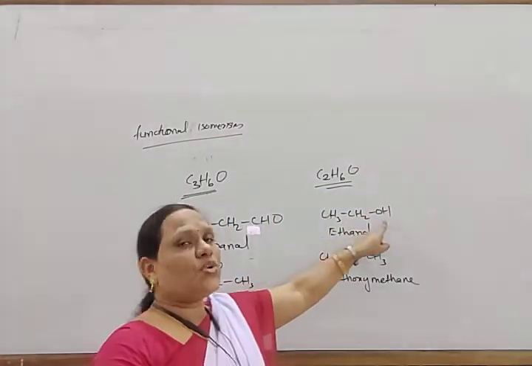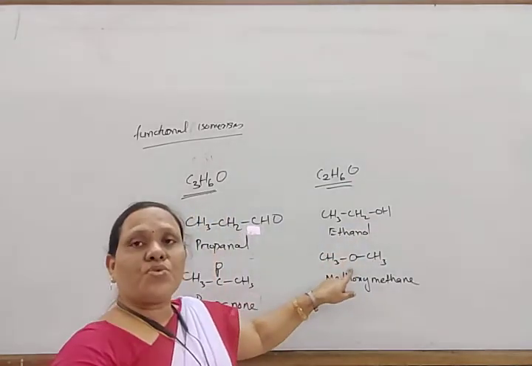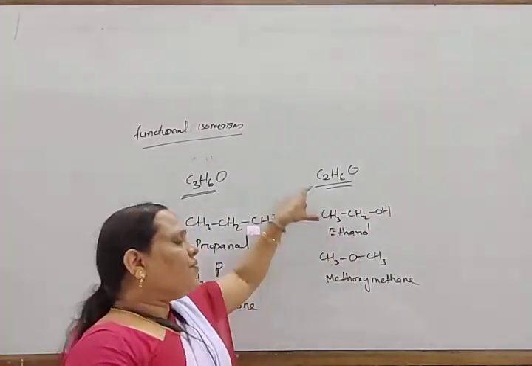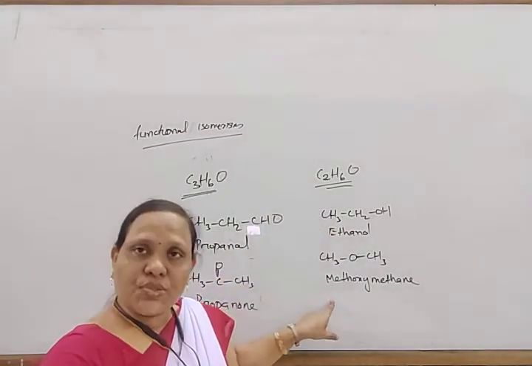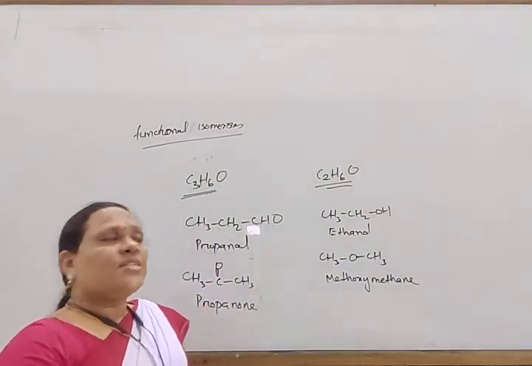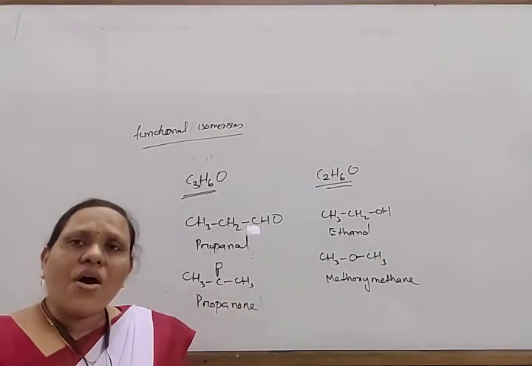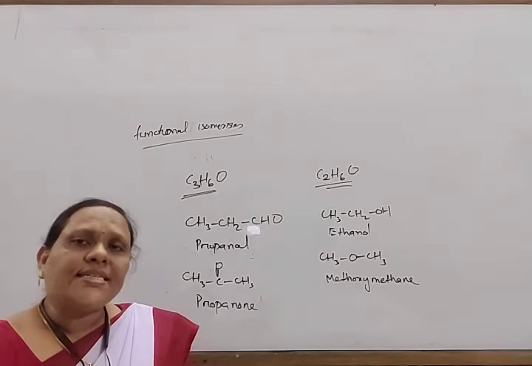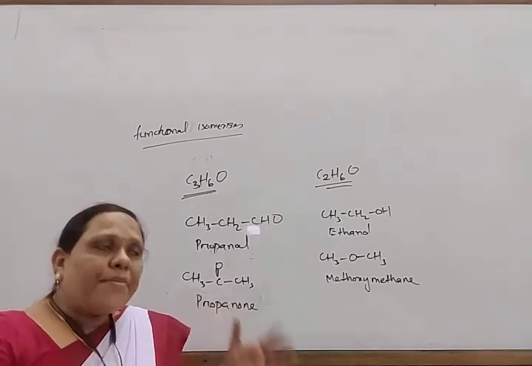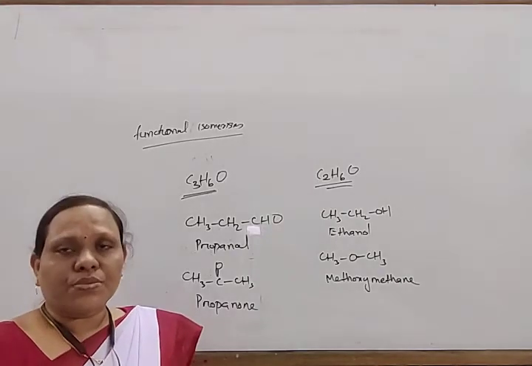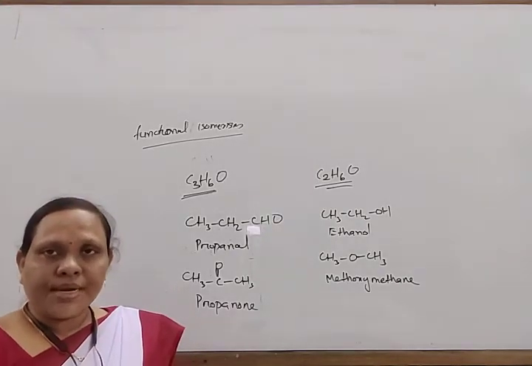One has the functional group OH and another has the functional group O. One is an alcohol, another is an ether. In this way, these two are functional isomers of each other. Similarly, aldehydes and ketones, alcohols and ethers, carboxylic acids and esters, and primary, secondary, tertiary amines are functional isomers of each other. Okay.